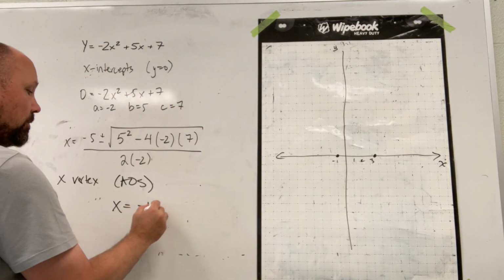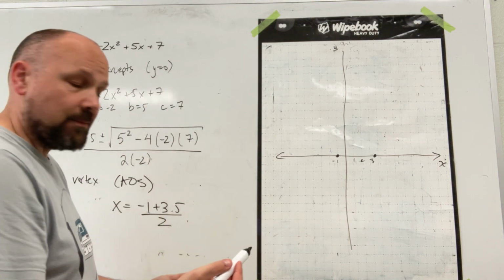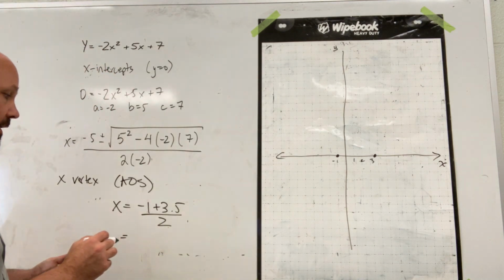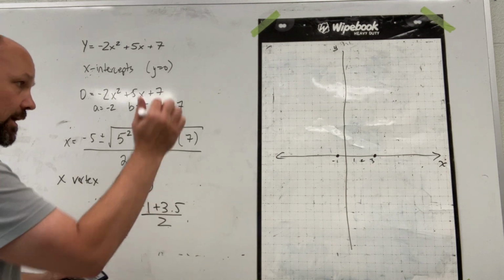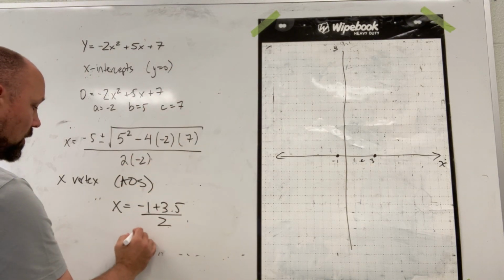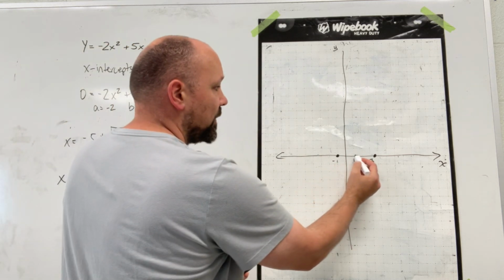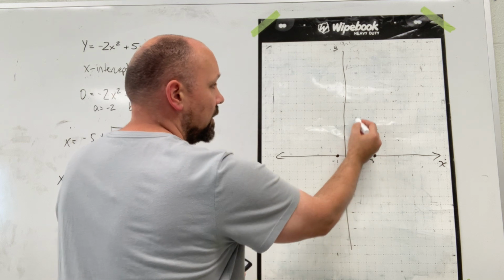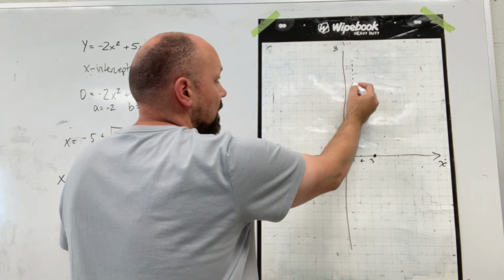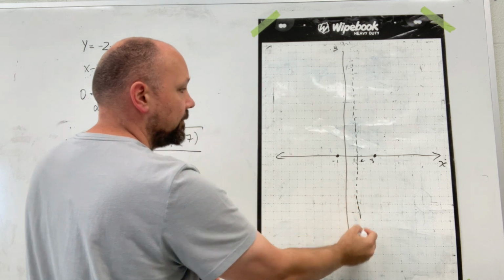So -1 plus 3.5 divided by 2. If I average them out, that's how I'll get the axis of symmetry, and this ends up being 1.25. So here's 1, here's 2, 1 1/4 is a little bit after 1. So my axis of symmetry goes somewhere along there, 1.25.